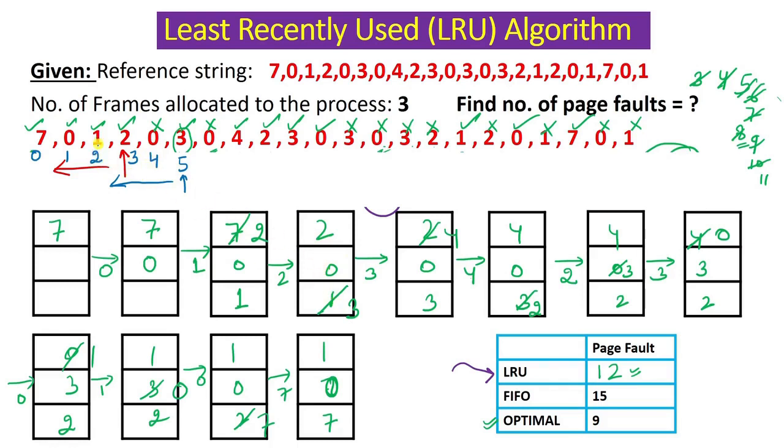That is, 1 was accessed at time 2, but 2 was accessed just now at time 3, and 0 was accessed just now at time 4. So you can say the priority of 1 is getting decreased. This is used the least in the recent past, so 1 has to be replaced. So 1 was replaced and 3 was put here.